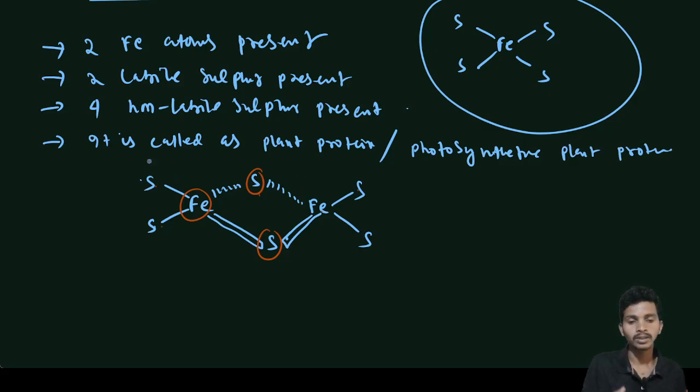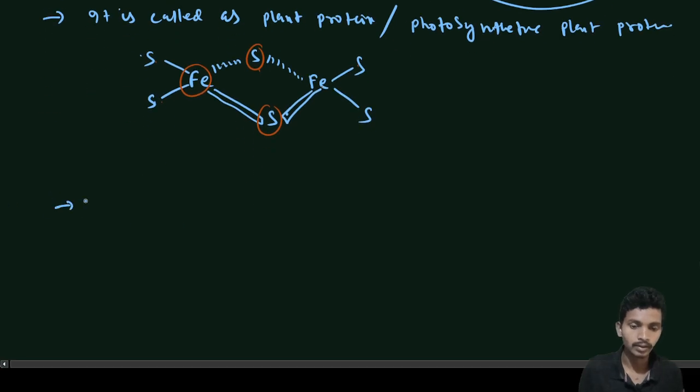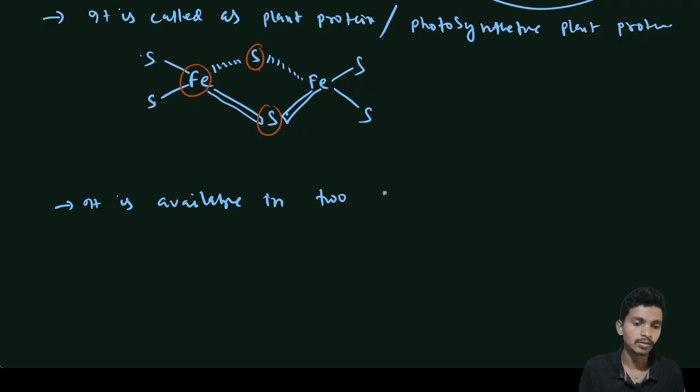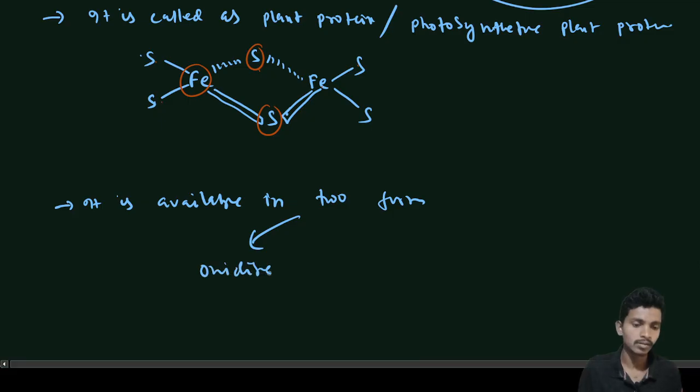This is mainly used in photosynthetic plants. That's why we call it plant protein or photosynthetic plant protein. It is also available in 2 forms. One is oxidized, another is reduced form.